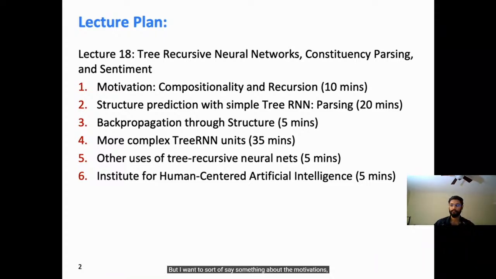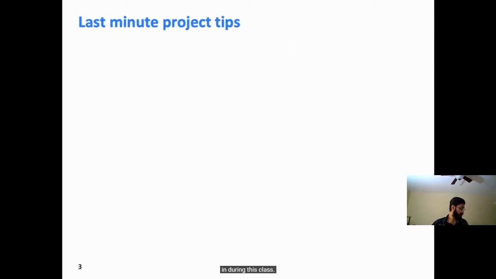But I want to say something about the motivations and the way you can build tree structures in neural networks and look at some of the possibilities we explored during this class.